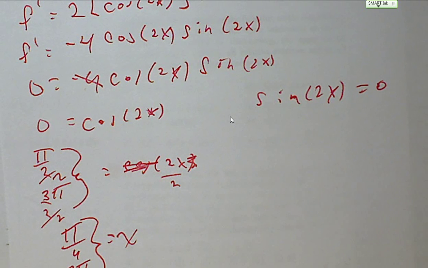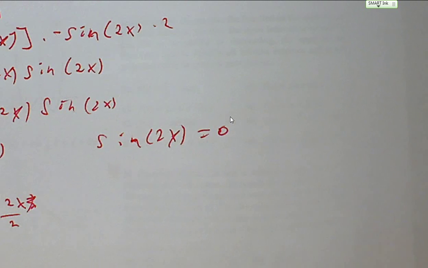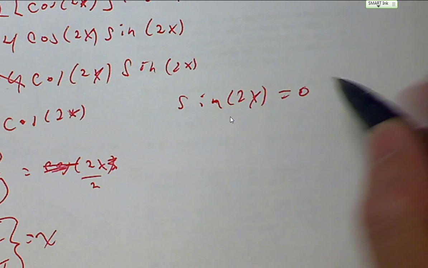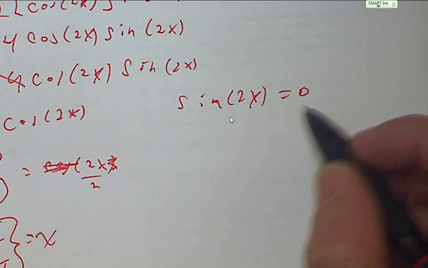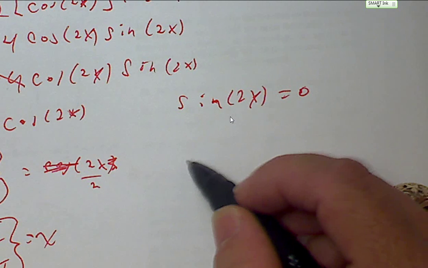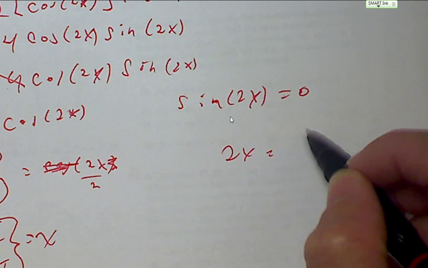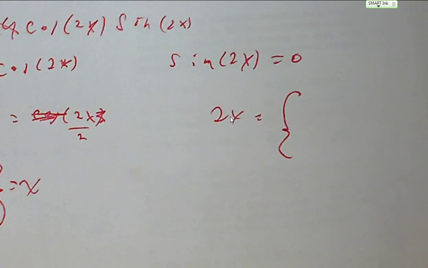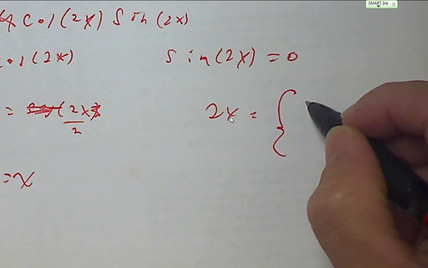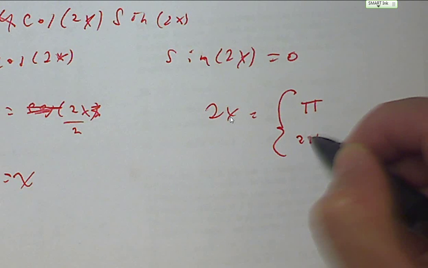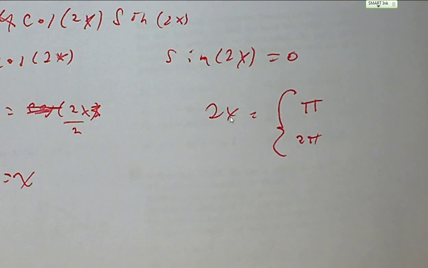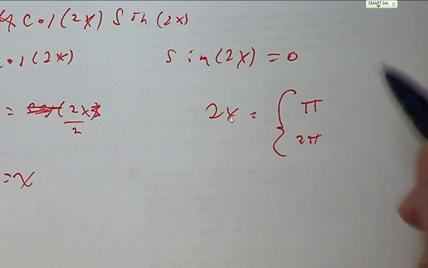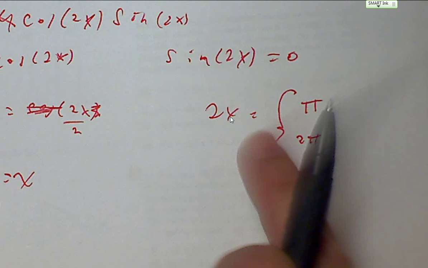Now we'll do a sine. Sine of 2x equals 0 at what points? Pi, 2 pi. At pi and 2 pi. Okay. So that's when sine of x equals 0.